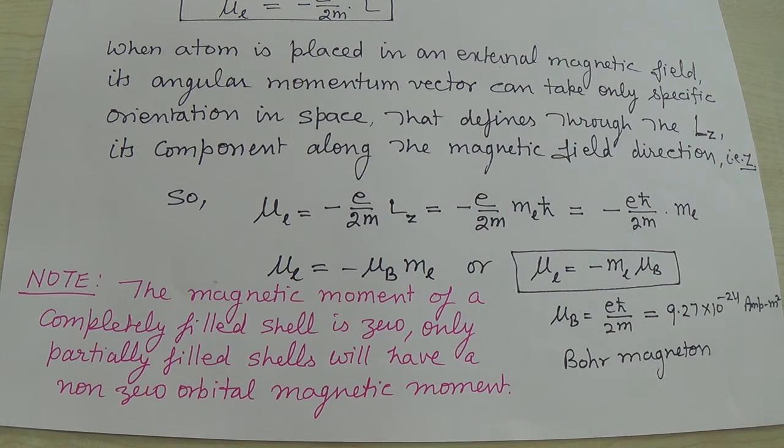And again I recall that we are calculating the magnetic dipole moment of an atom in the presence of an external magnetic field, and it is non-zero only when the shell is partially filled. If any orbit is completely filled, then the magnetic dipole moment of that atom will be 0.